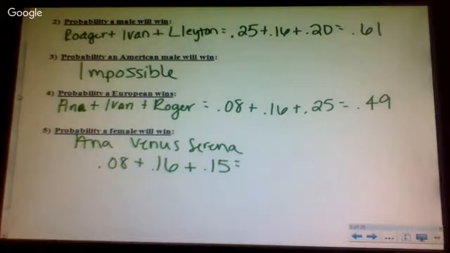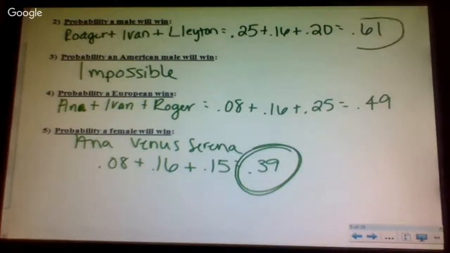So that gives us a total of 0.39. Okay, notice something. Female and male, they add up to what? 1. You can either have a male or a female win. They should add up to 1. American, European. Okay?